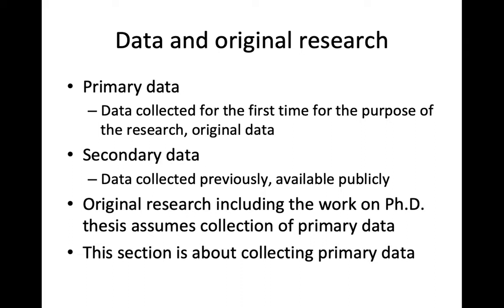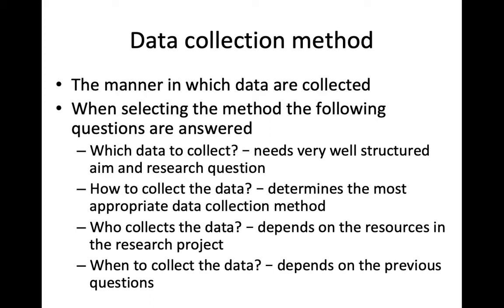When doing your work on a PhD thesis or willing to publish an original research paper, you're usually required to collect primary data. That is why this section will be primarily about collecting primary data, and the methods that you will look at are those used for collecting primary data.